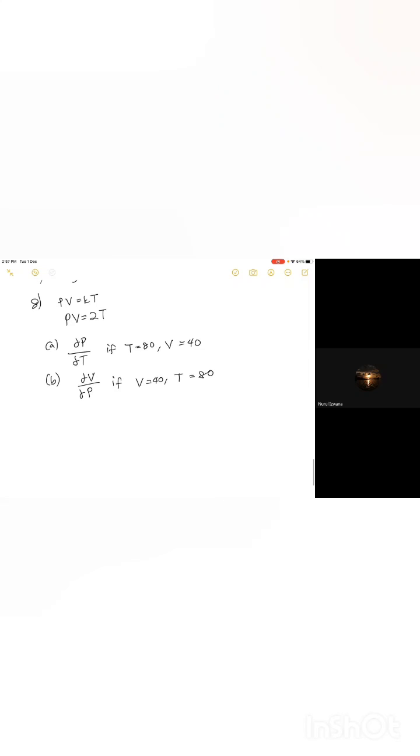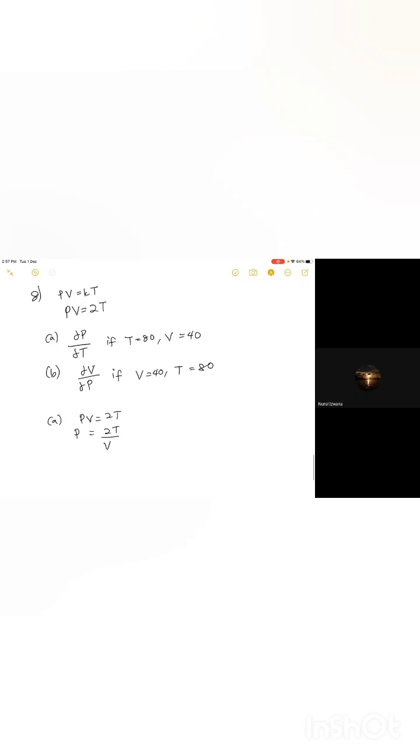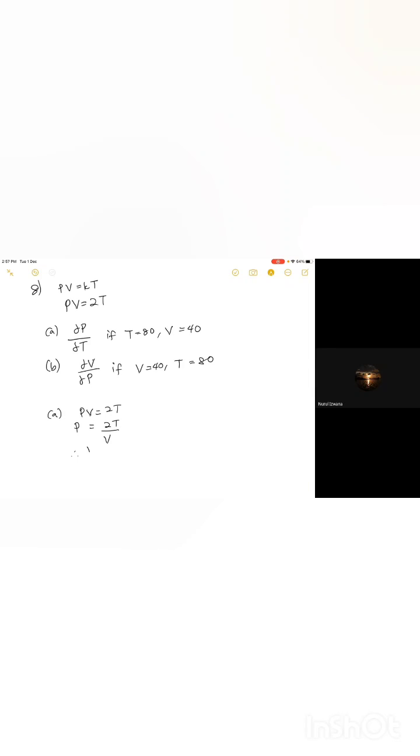So we have question A. For A, we have PV equals to 2T. So if I want to differentiate P, my V when I bring to the right hand side, it will be 2T over V. Therefore, del P over del T means I want to differentiate T and my V is constant.